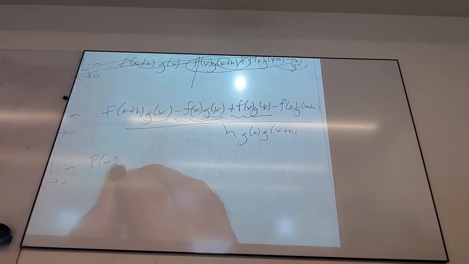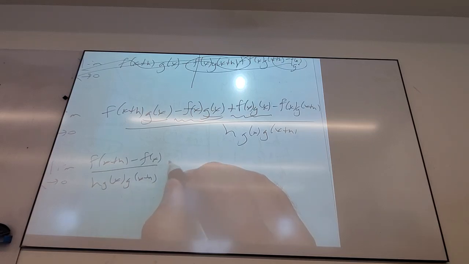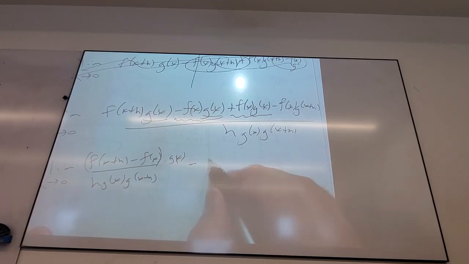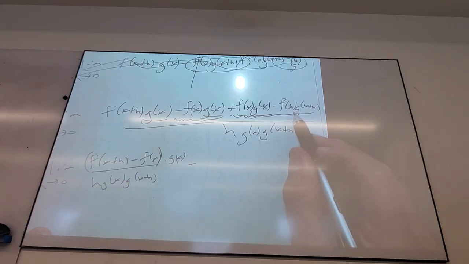So I could do f of x plus h minus f of x all over h, g of x plus h times g of x. I don't know if you guys are with me or not. I'm going to factor out a negative f of x.